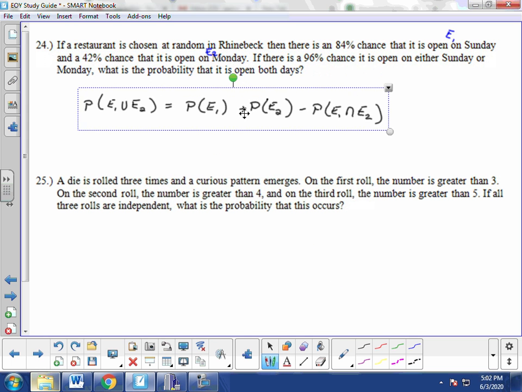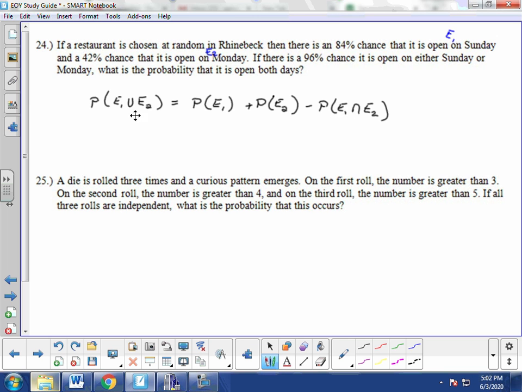The probability that event 1 or event 2, so it's open on Sunday or open on Monday, is a 96% chance. The probability of event 1, that it is open on Sunday, is an 84% chance. The probability of event 2, that it is open on Monday, is a 42% chance. So we want to find the probability that it's open on both days.